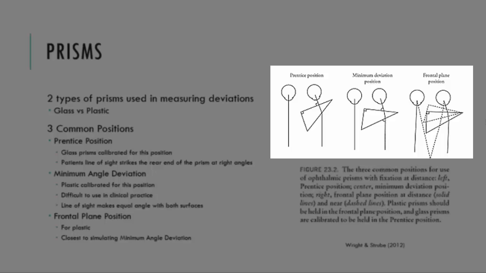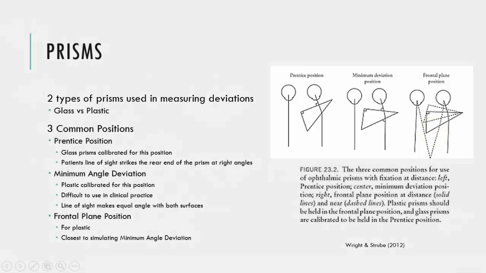So instead of using this, we use the frontal plane position for plastic prisms, which closely simulates the minimum deviation position. And so here what we see is that we hold the prism flatly in front of the eye. So for glass prisms we use the Prentice position, and for plastic prisms we use the frontal plane position. And it's important to do this to minimise the errors in your measurements.